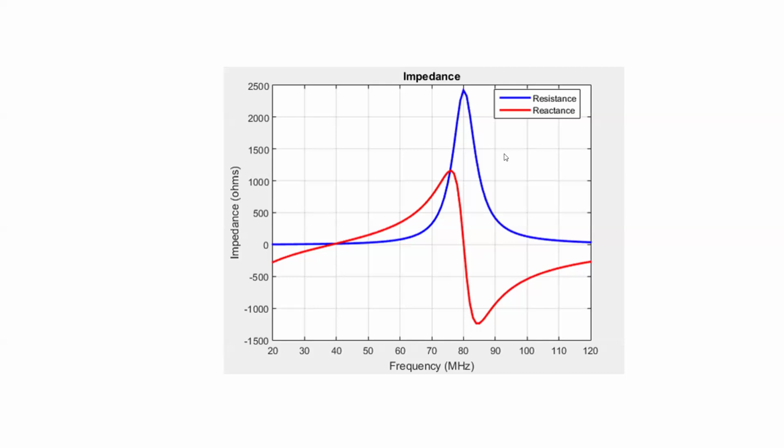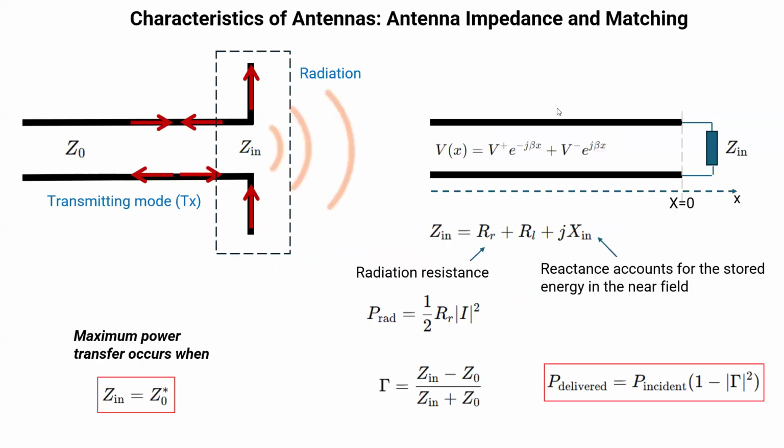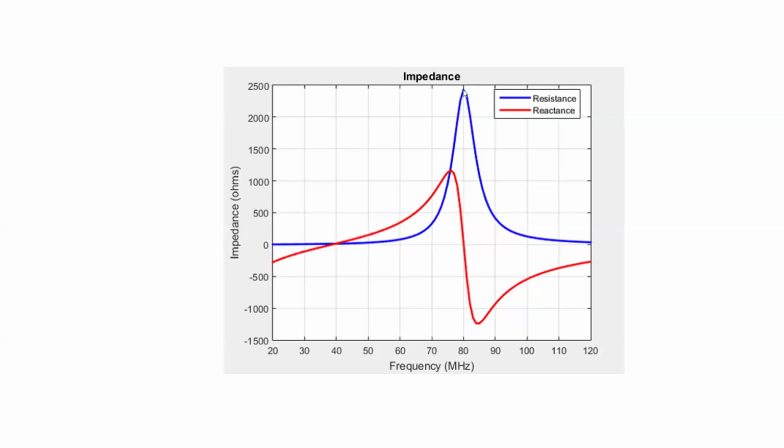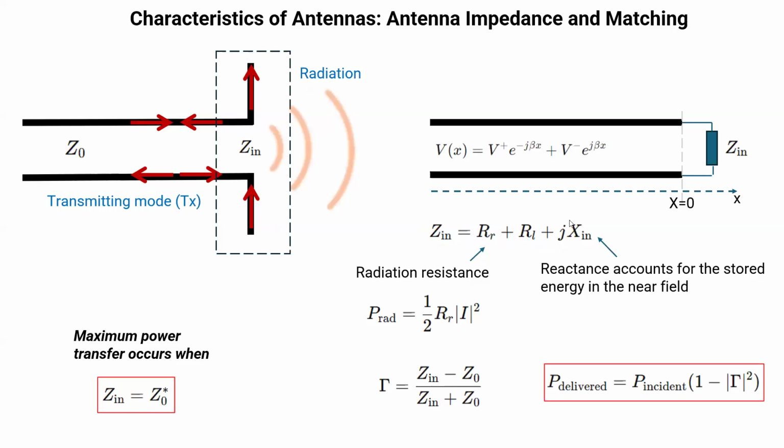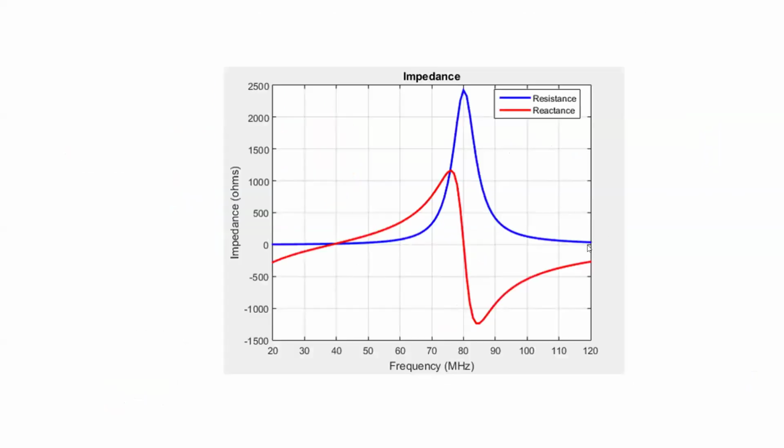So this picture demonstrates a typical dependence of resistance and reactance. Resistance is these two terms, R radiation plus R loss, this blue curve. And reactance is this X, the imaginary part of the input impedance, which accounts for the stored energy in the near field of my antenna.